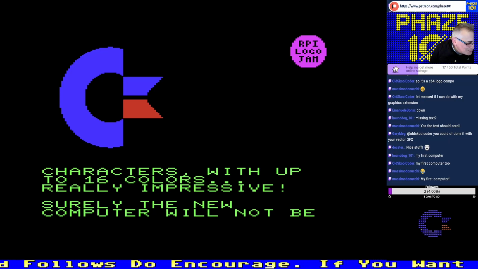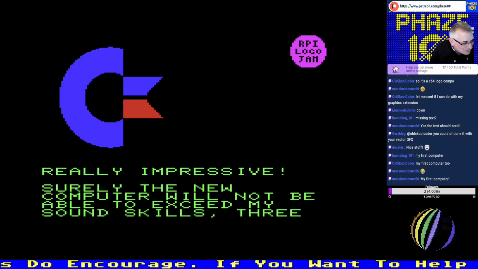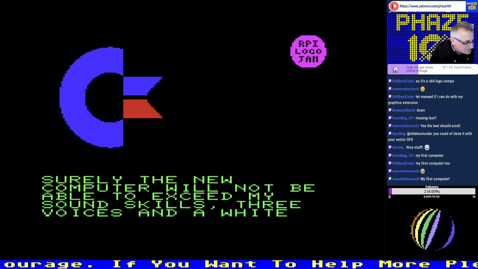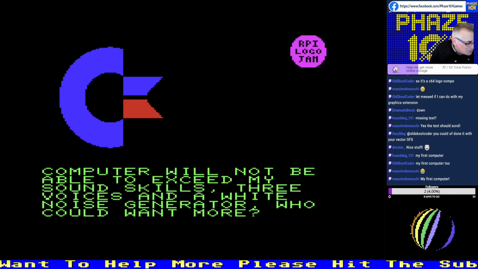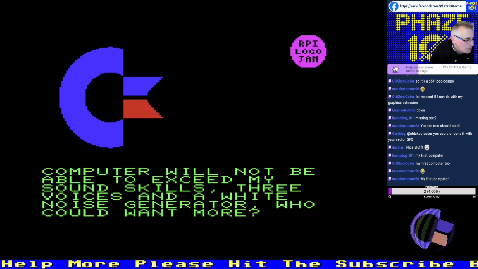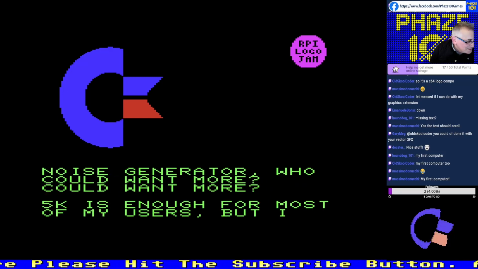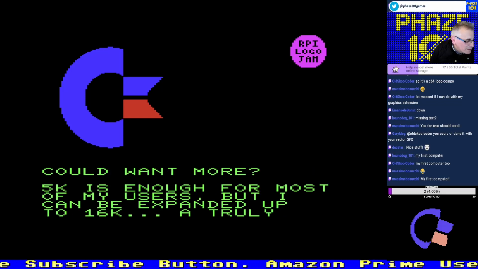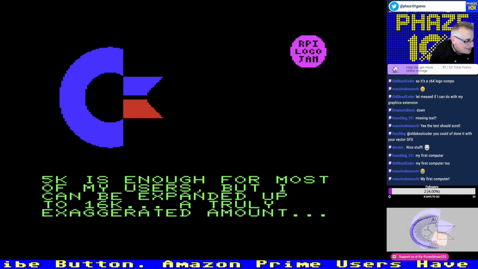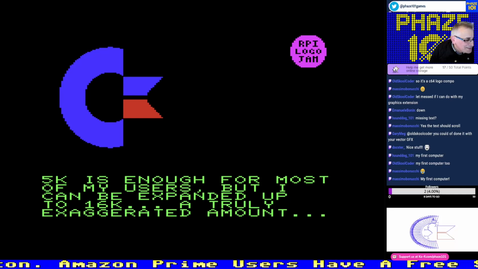Surely the new computer will not be able to exceed my sound skills. 3 voices and the white noise generator. Who could want more? 5K is enough for most of my users, but I can be expanded to 16K. A truly exaggerated amount.